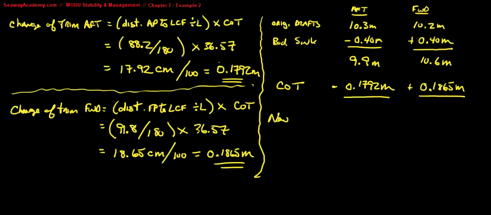So our new drafts aft will be 9.727 meters. And our new draft forward will be 10.787 meters.